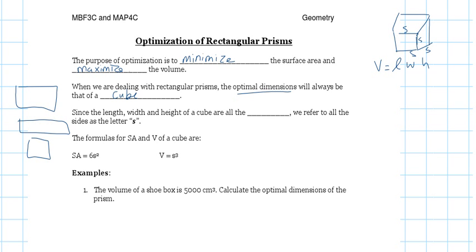So instead of length times width times height, I'm going to call it side times side times side, which is S cubed. So when we're talking about the volume of a cube, the formula that we use is volume equals S cubed.